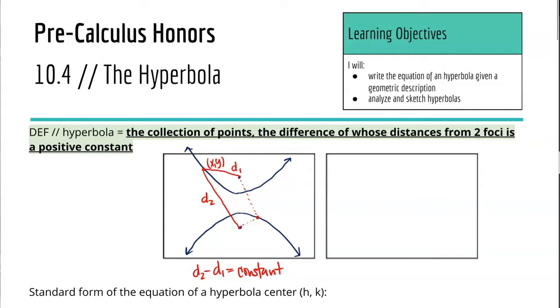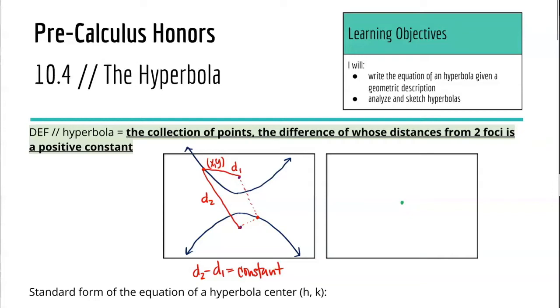The way that we're going to graph these is we're going to get the center, and we're going to get a and b values just like we do with an ellipse. For a hyperbola, we have what are called the transverse axis and the conjugate axis instead of major and minor.